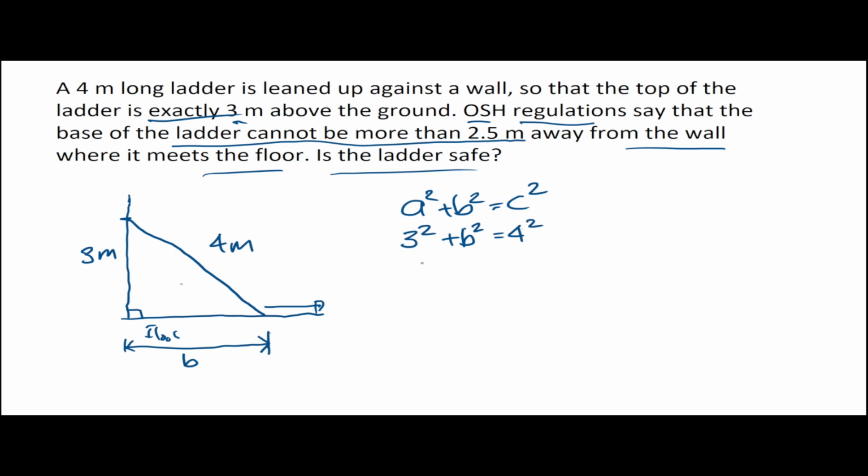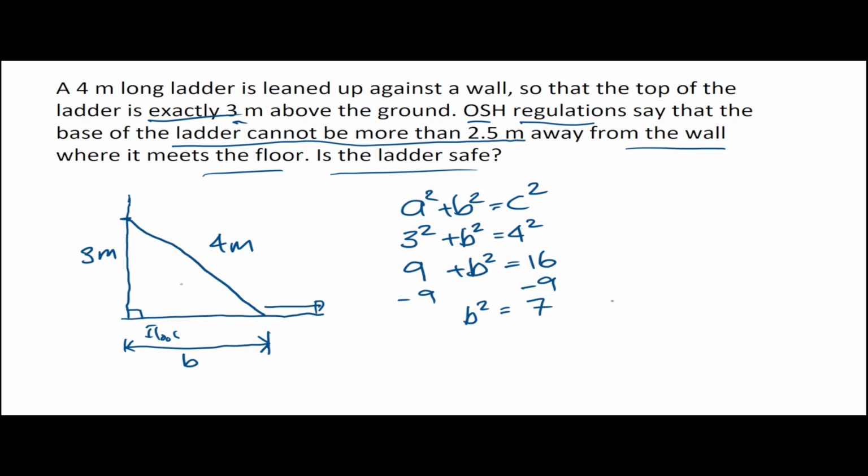So let's expand this out. 3 squared is 9 plus b squared equals 16. So far so good. I'm going to take away 9 from both sides. It's now an algebra problem. 16 minus 9 is 7.